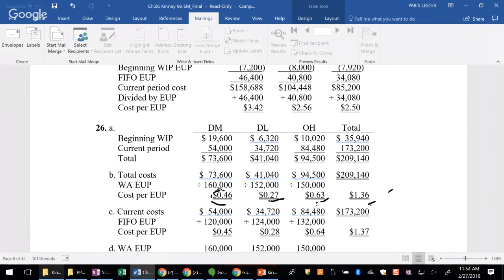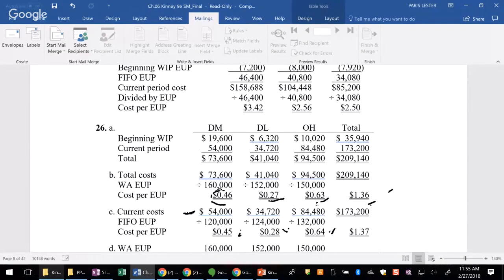If we use the FIFO method, we take only current cost, only current costs right here, because we don't put that beginning inventory into it, and divide by 120,000 units, which is 45 cents. And then, of course, 28 cents on labor, and on overhead, 64 cents.